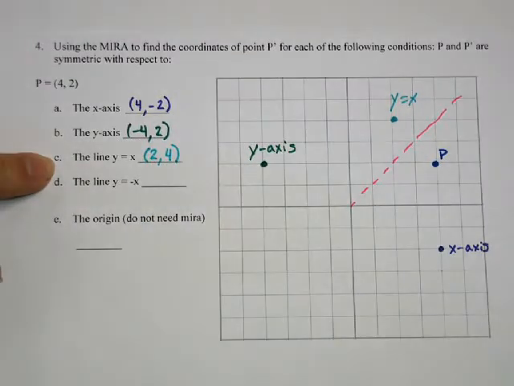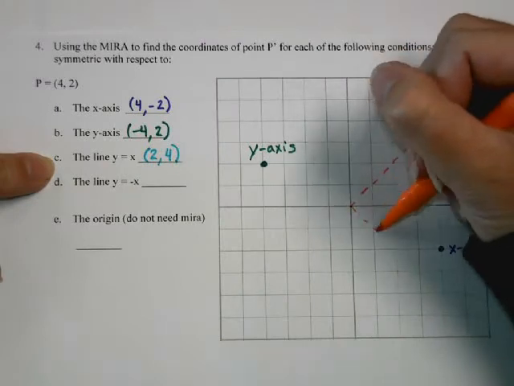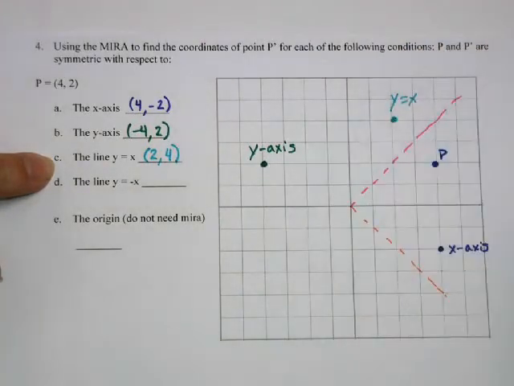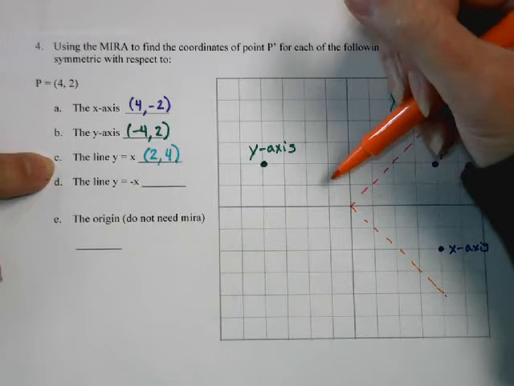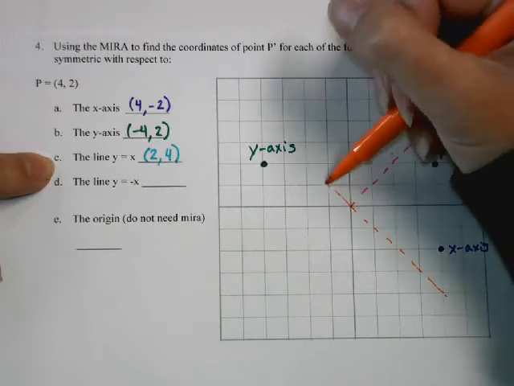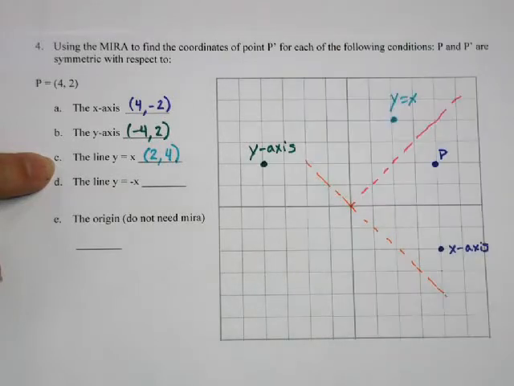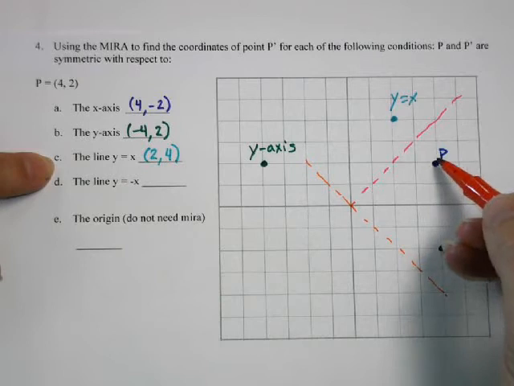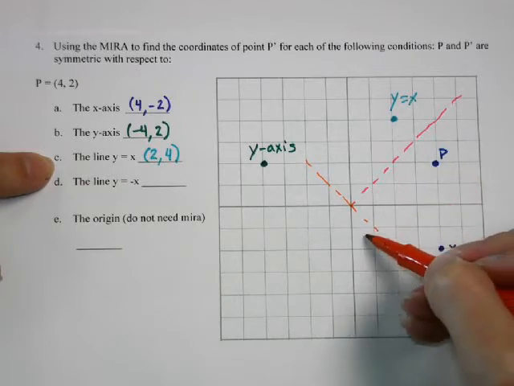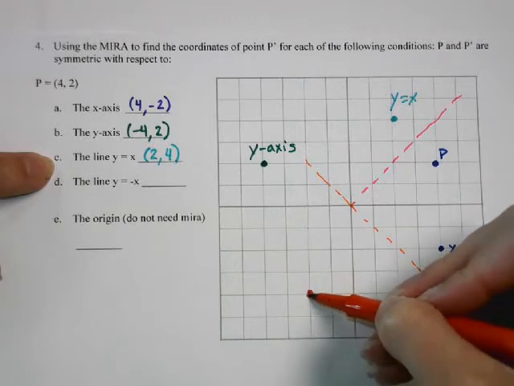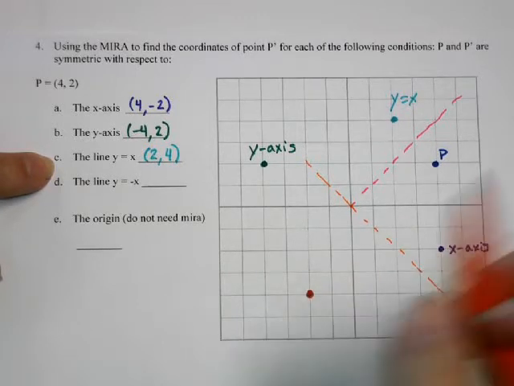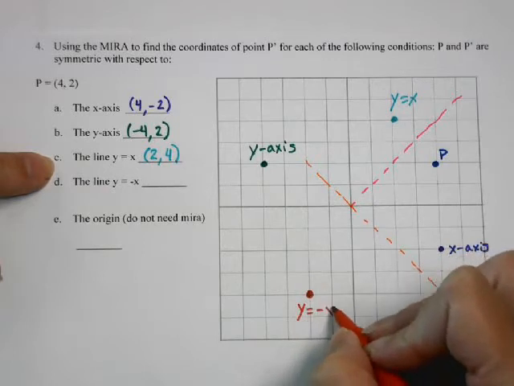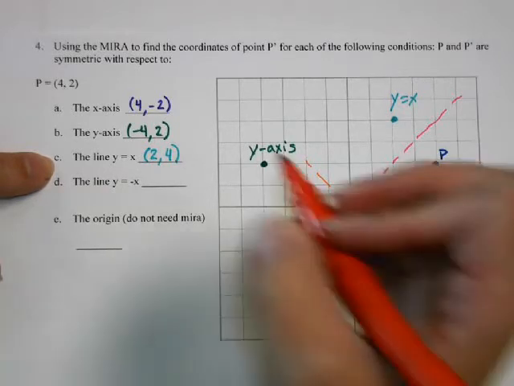And if we look at y equals negative x, so just draw part of that line. Okay, this point, we're going to go straight to that line. So we went across 3 diagonals, and we're going to go 3 diagonals here. So that's a negative 2, negative 4.